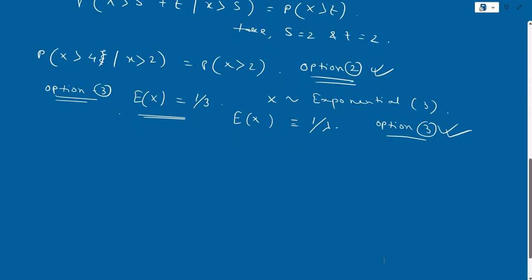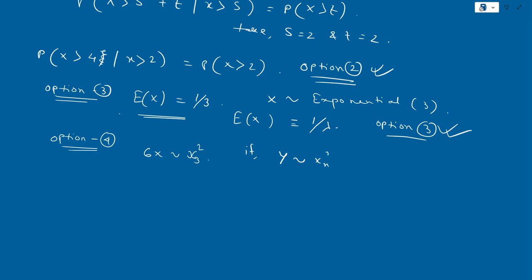Now, option 4: 6X follows chi-square with 3 degrees of freedom. The chi-square distribution is actually gamma with parameters n by 2 and 1 by 2.